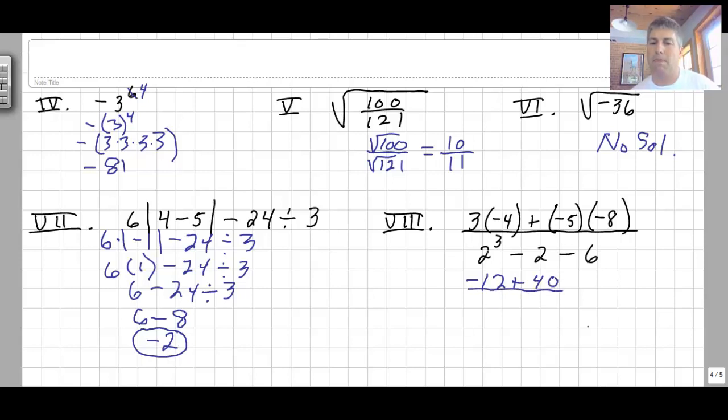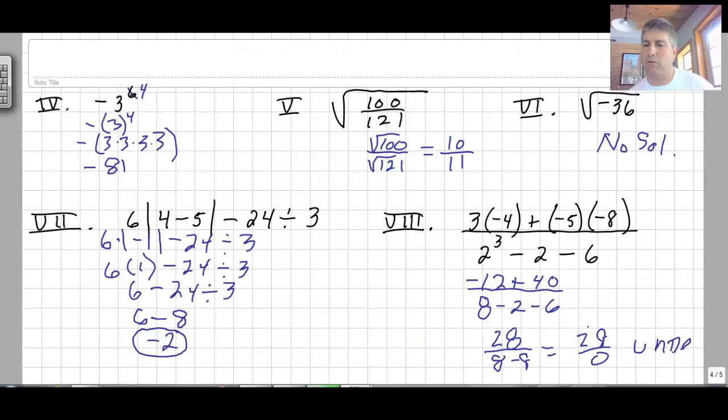All over 2 to the third is 8, minus 2, minus 6. So -12 plus 40 is a positive 28 in our numerator, all divided by 8 minus 2 minus 6. Wait a minute, that's 8 minus 8. That's 28 over 0. 0 is underneath, so this answer is undefined.